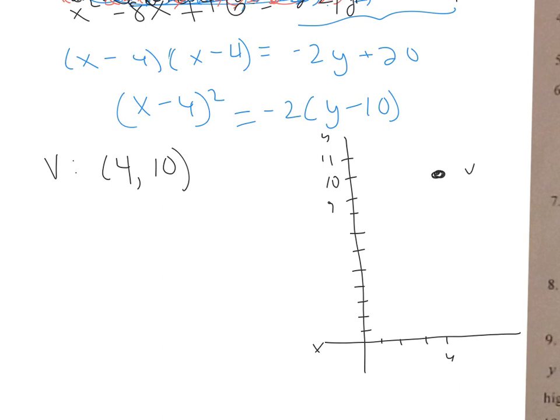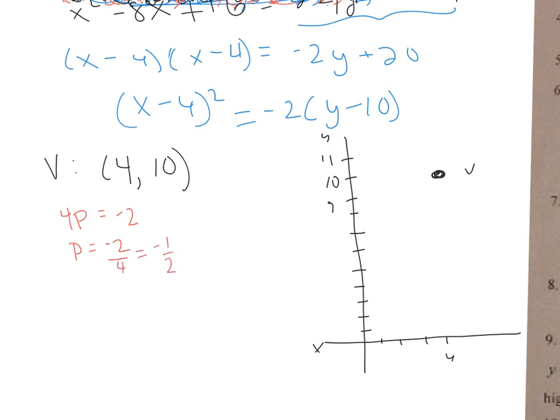That's my vertex. All right, so now I need to get my focus and my directrix. So this guy here, this negative 2, remember that's your 4p value. So 4p is equal to negative 2. So p is equal to negative 2 over 4, which is negative 1/2.